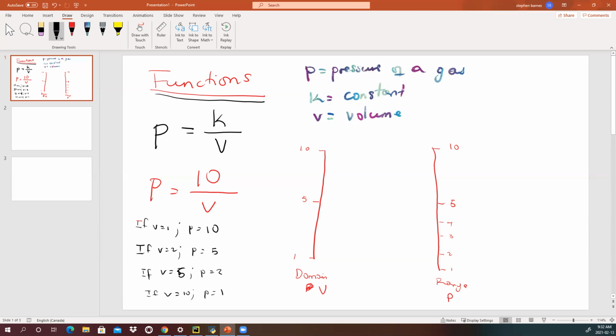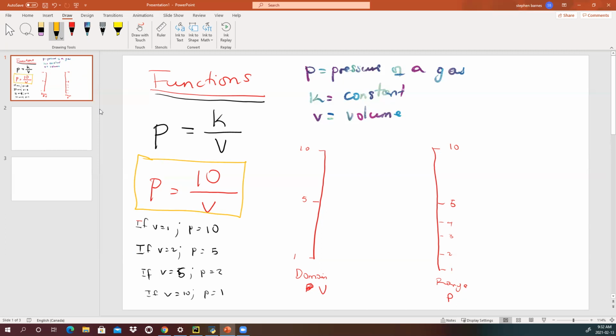So remember, we're using this formula here, P equals 10 over V, to find out the relationship between pressure and volume in your tire.